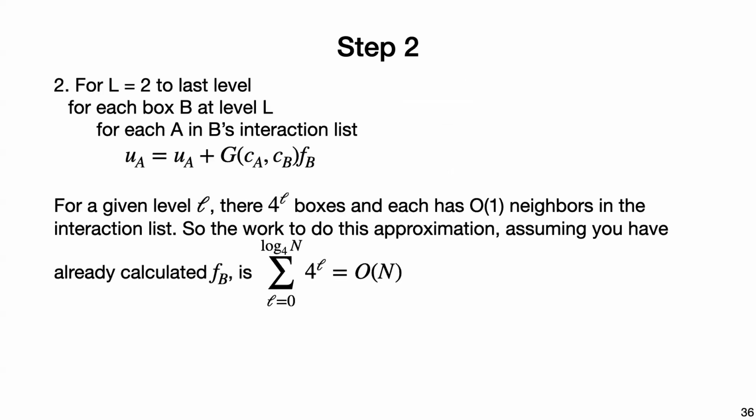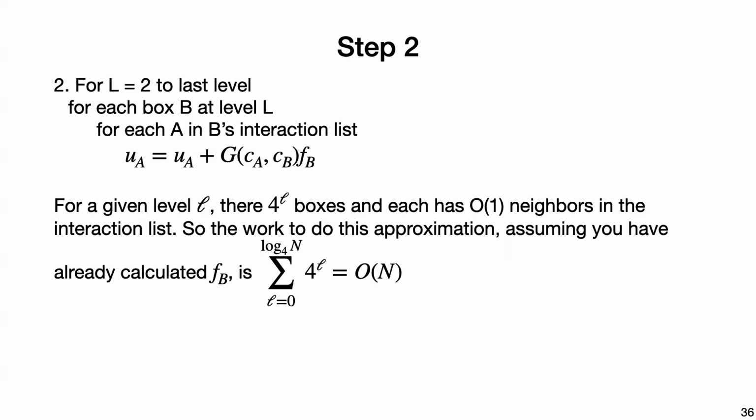The second step, which looks pretty complicated, where you have to iterate through the levels one by one, is actually surprisingly order n. Remember, we're going level by level, and for every box at some level, we have to calculate the far interaction between the faraway boxes and this particular box.